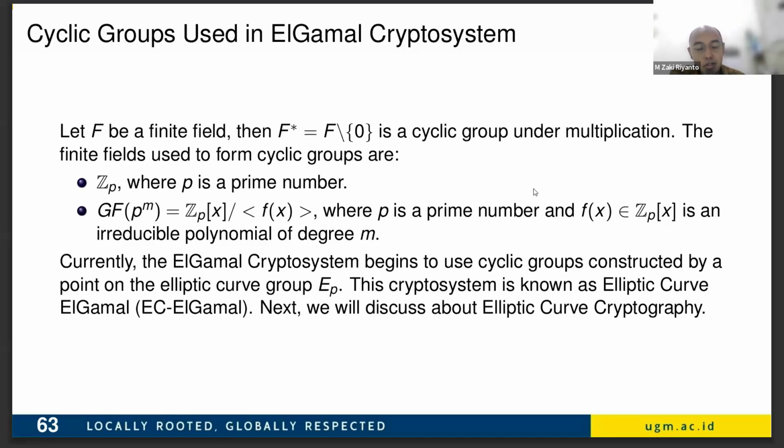And we can also use the same cyclic group which is used by the Diffie-Hellman exchange. And if you already know the elliptic curve cryptography from yesterday, we can also use the elliptic curve for Diffie-Hellman and the ElGamal crypto system.